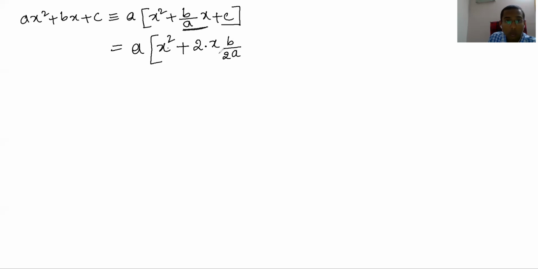I multiplied by 2 and divided by 2 for this term so it becomes 2ab form: 2 into x into b by 2a, where the 2 cancels, giving bx by a.